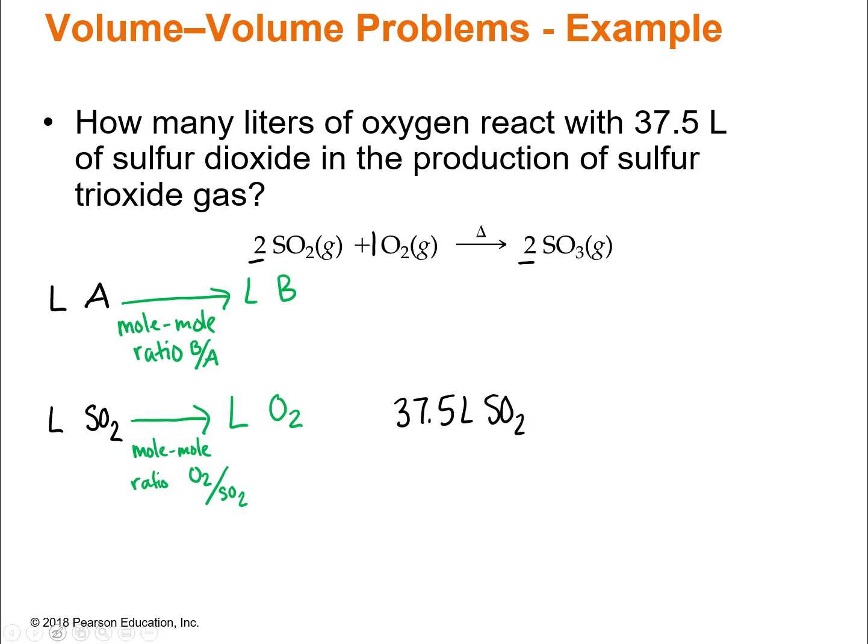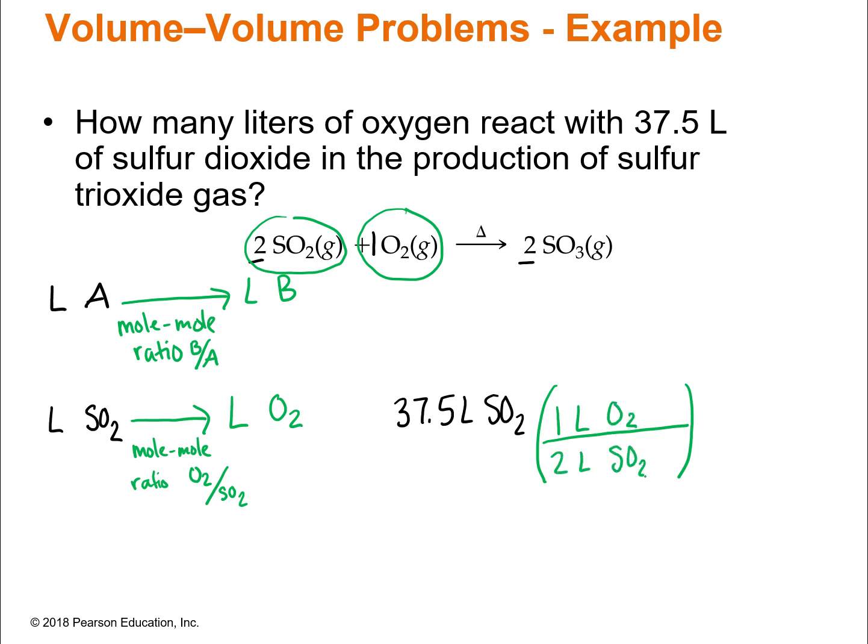That's where we're starting our given information. We're using the chemical equation still, but instead of writing moles, we write liters. So when you do your division, you should get, with rounding and sig figs, 18.8 liters of oxygen gas.